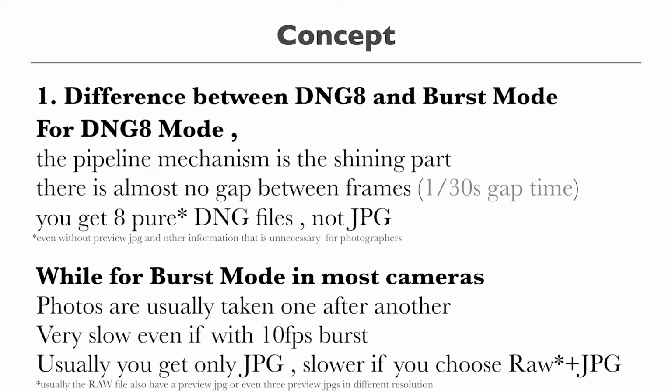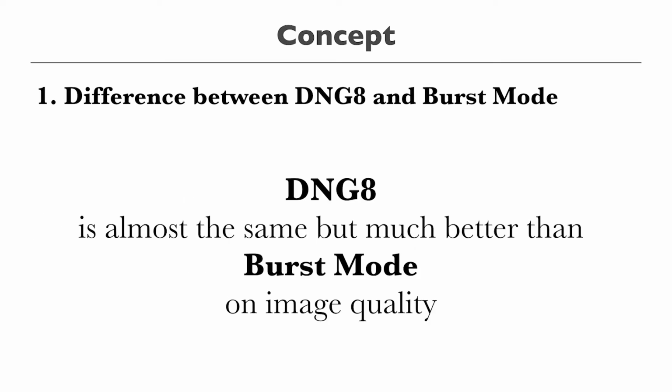So we can see that the DNG8 is kind of an advanced or super high speed burst compared with the traditional burst mode. I hope you can understand the difference between the DNG8 and burst mode.